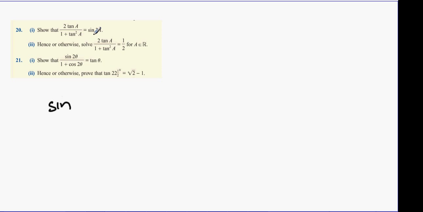Well, I'm going to start off with sine 2A, okay? And what I'm going to do with sine 2A is this.